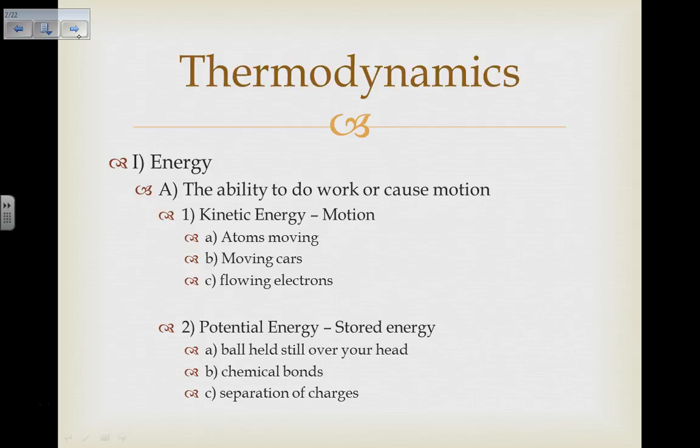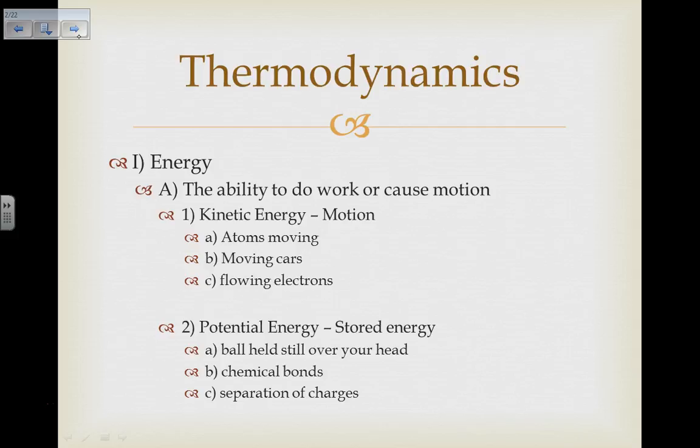But there's also potential energy, which is the energy that something has that's stored, that could potentially be used to cause motion. If you take a soccer ball and hold it over your head, that is an example of potential energy. That soccer ball, because it's being held at some height above your head, has stored energy.